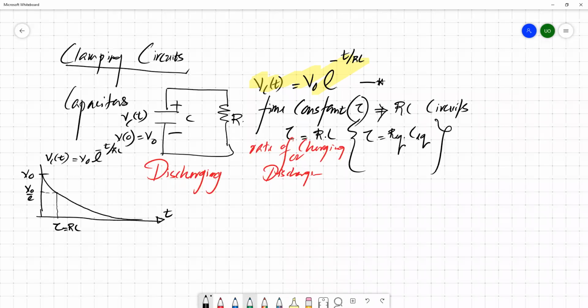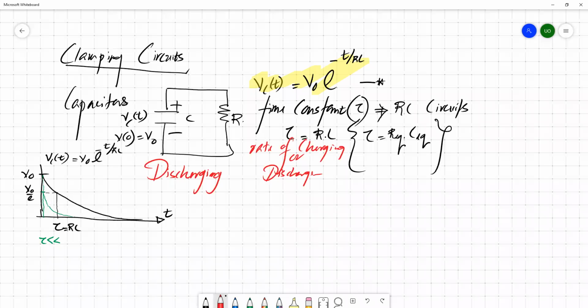For example, if you have a small time constant, the discharging process is something like that, and the time constant is somewhere here.